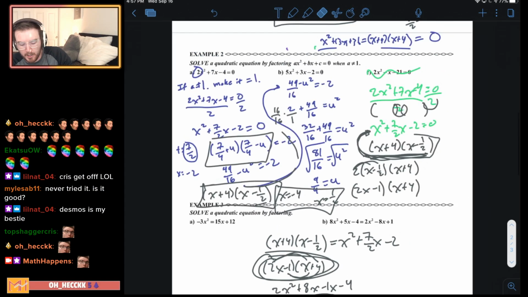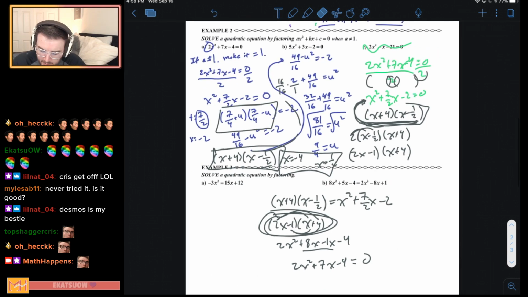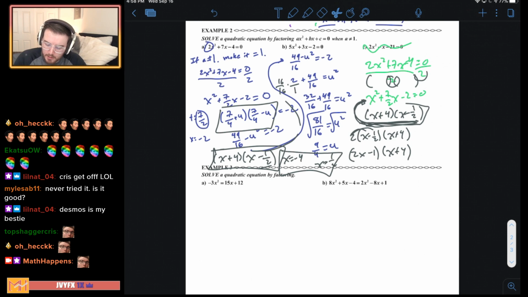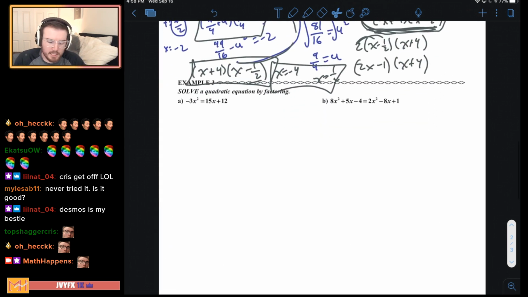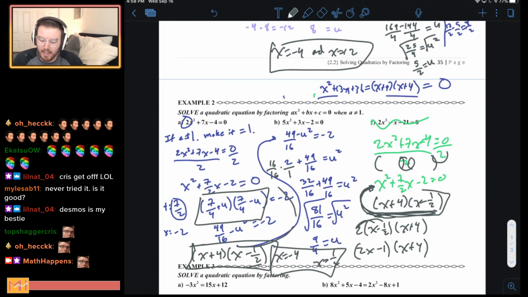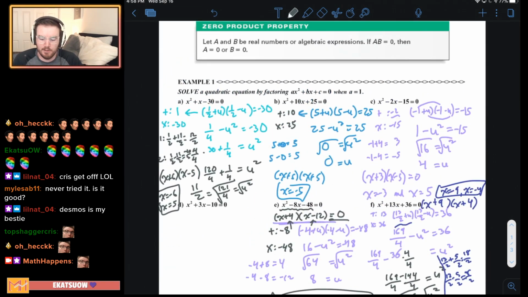Let's do another one where A isn't 1 and see what happens together. Let's do one of these guys since I have plenty of space. First off, it's not set equal to 0. If there's one trend about every single one of these problems, it's that it's set equal to 0.